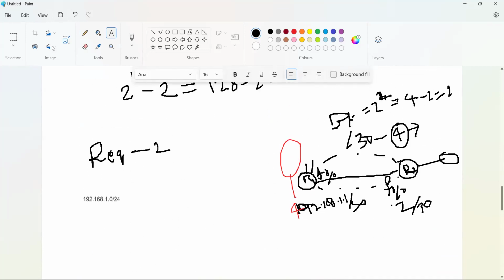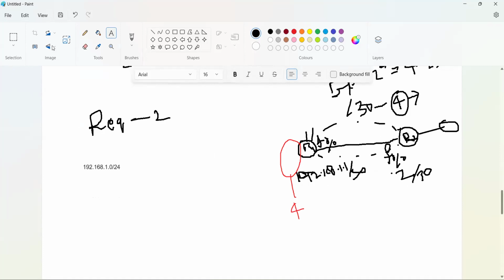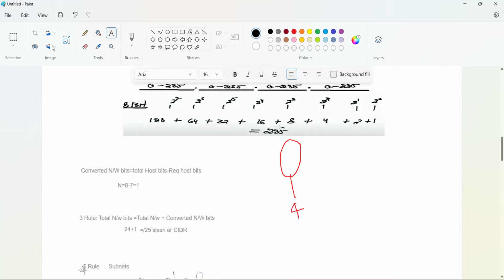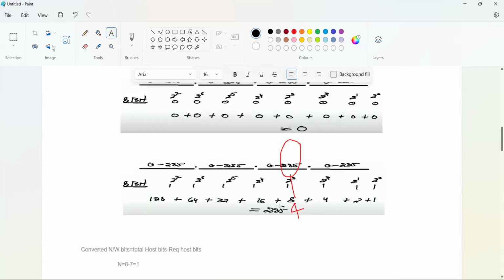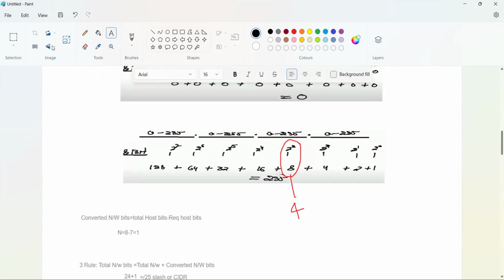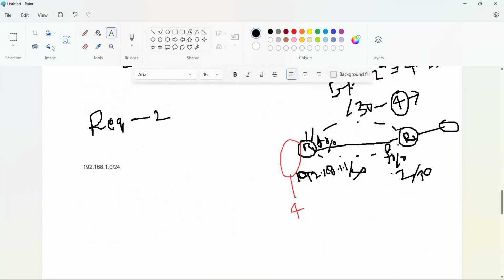See here, the host is 2, because I need 4 IP addresses: one for the broadcasting and one for the network.